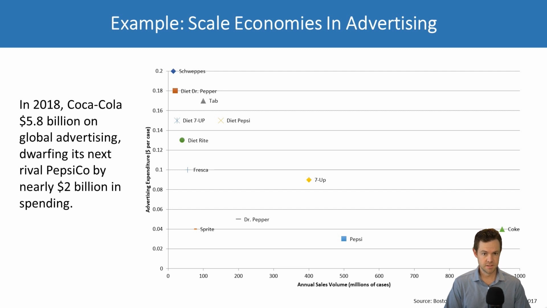Pepsi is slightly lower because they advertise slightly less per case, but most of these smaller firms with much lower scale, even though they're spending a lot less in advertising, their scale is so much lower that the cost per unit is still much higher.